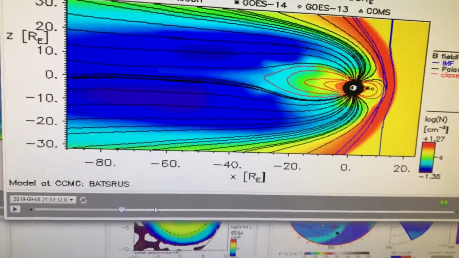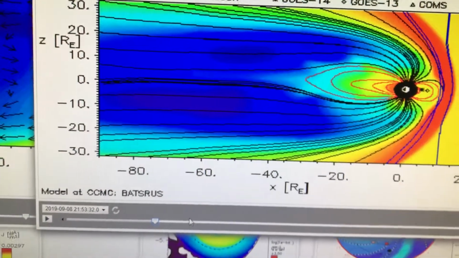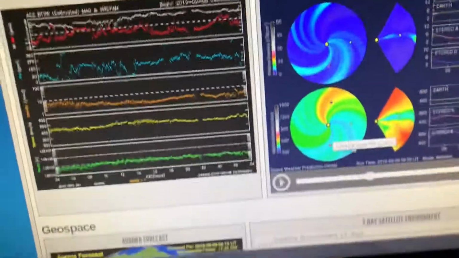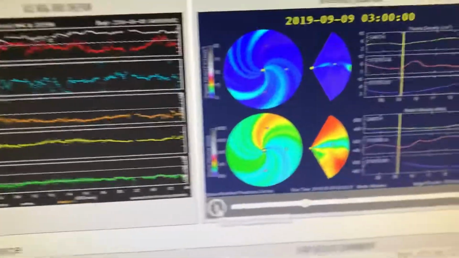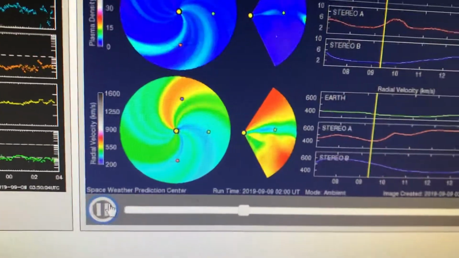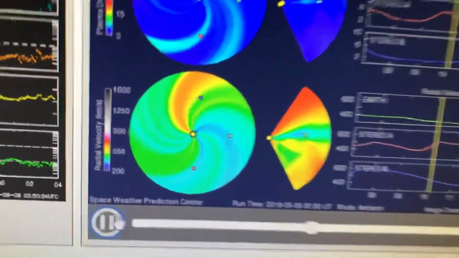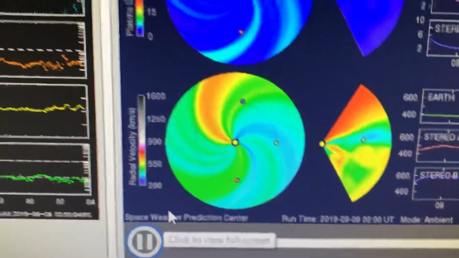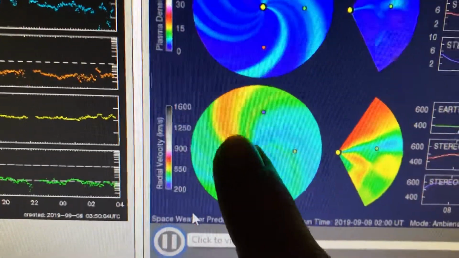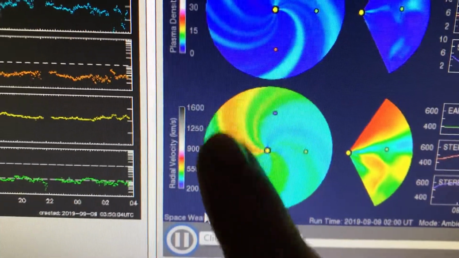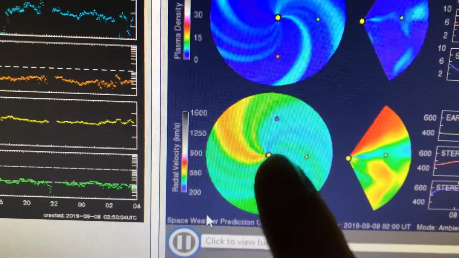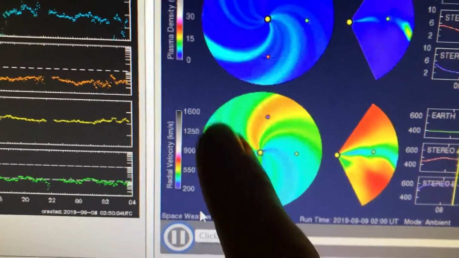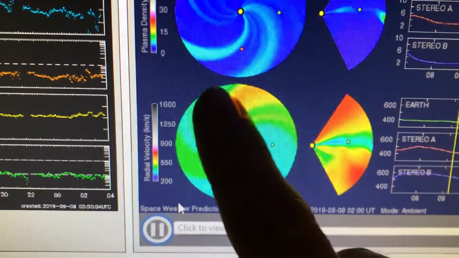So, alright guys. Oh, the other thing I wanted to show you was here. This is moving slowly, but this is how the sun's energy comes off the sun. When we have a coronal hole, for example, this is a whole coronal hole stream. And the sun takes 25 days to rotate one time. So this stream would take 25 days to come around.